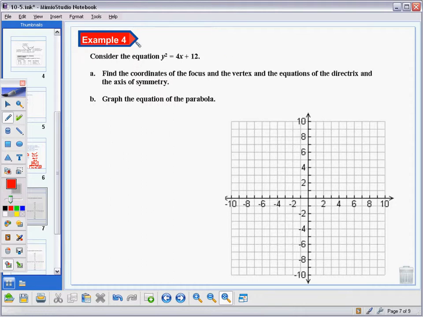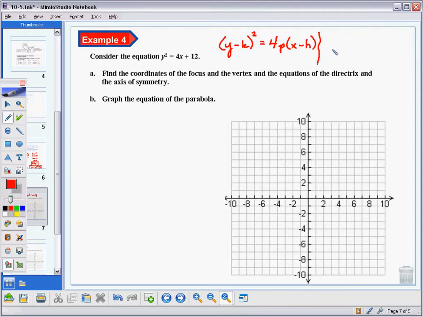And I'm also going to use a slightly different form from what we've been seeing. I'm going to incorporate this, (y minus k) squared, where k is our vertical shift, equals 4p times (x minus h), where h is our horizontal shift.